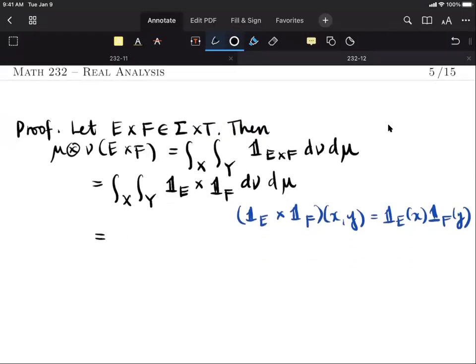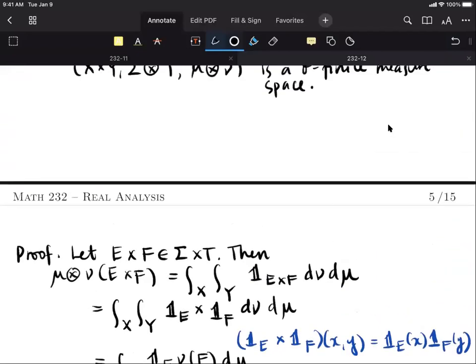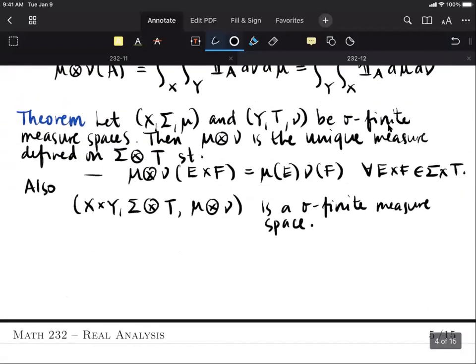So here you can, of course, show that this is the characteristic function of E times nu of F, since this is a simple function. And this is the same as mu of E, nu of F. And this establishes this property.